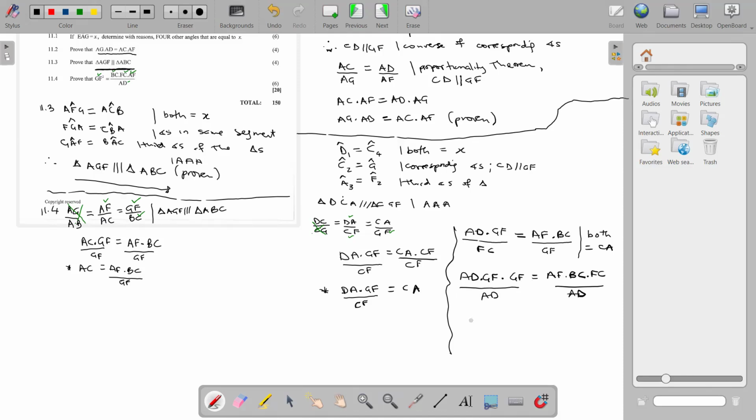We are left with GF times GF. It becomes GF squared equal to BC times FC times AF, all over AD. This becomes our answer. It has been proven. Thank you.